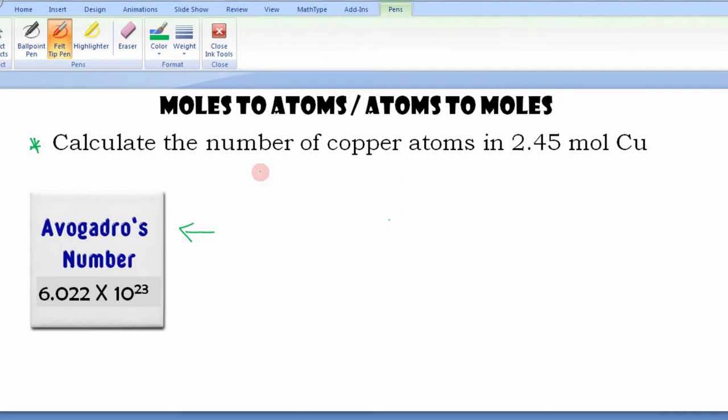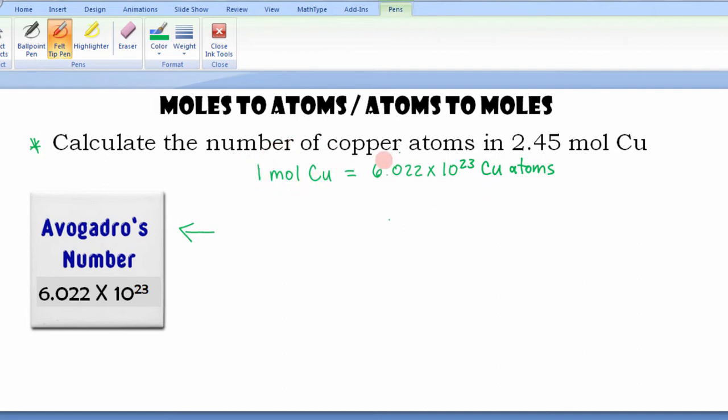So the first thing we need to do is write out our equivalency or our equation. 1 mole of copper is equal to 6.022 times 10 to the 23rd copper atoms.